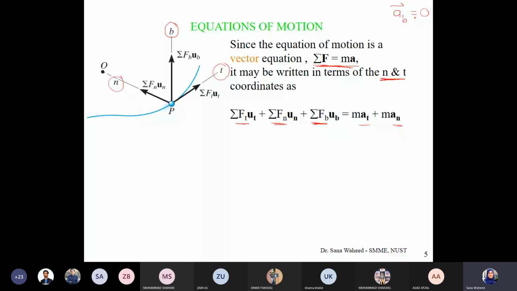Which is why on my right hand side, I have no consideration of my acceleration in the binormal direction. Another way to think about it is that if the car is going on a turn, it's not going to jump off the ground, is it?